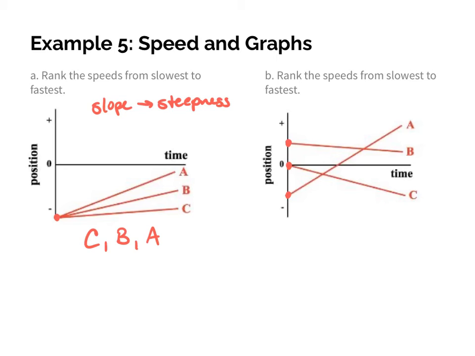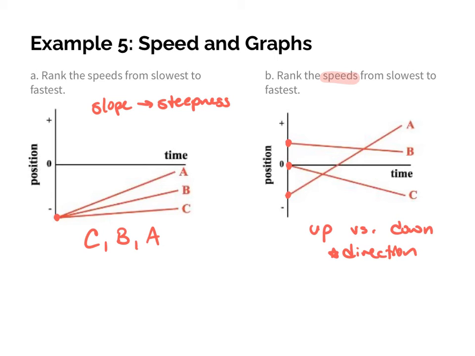You also see some lines going up, like A is going upwards, and you'll notice that B and C are both going downwards. When you see lines going up versus down, all that has to do with is the direction in which it moves. Direction has nothing to do with the speed. Direction just has to do with the direction it's moving, okay?